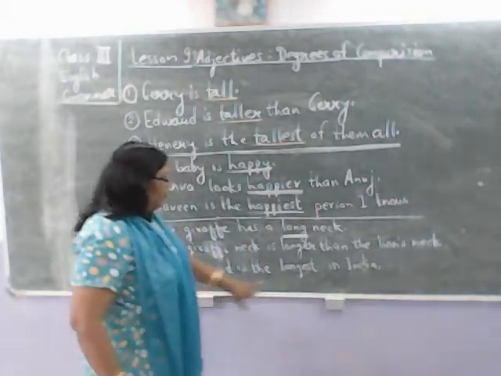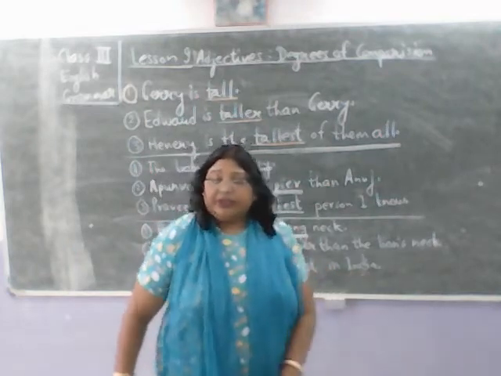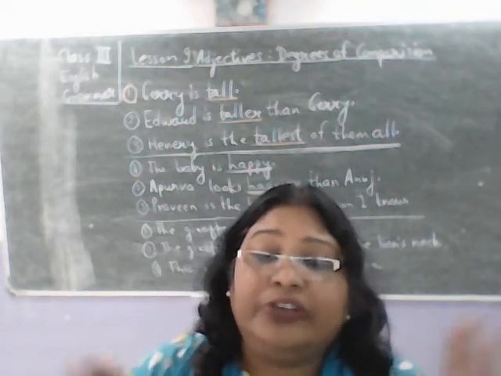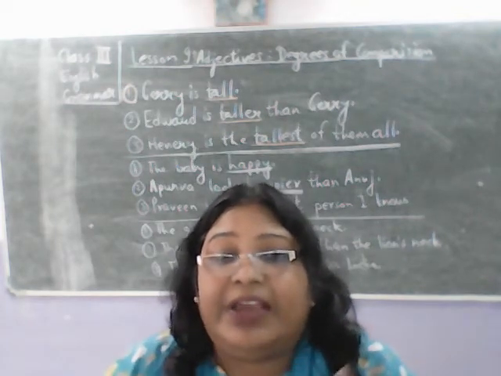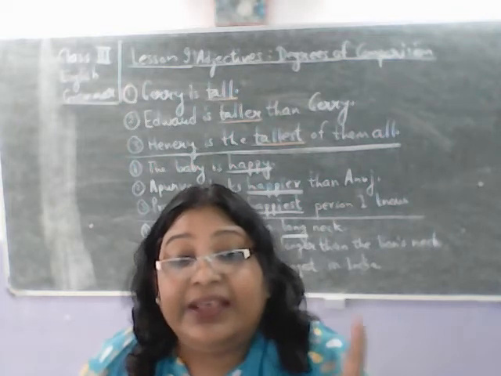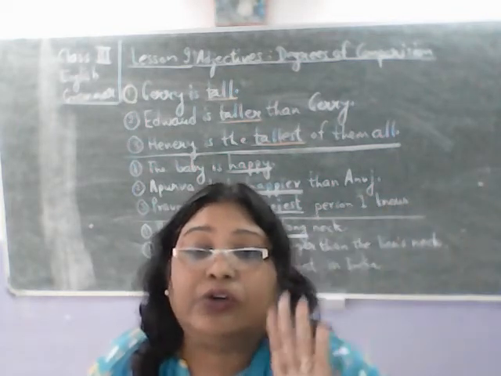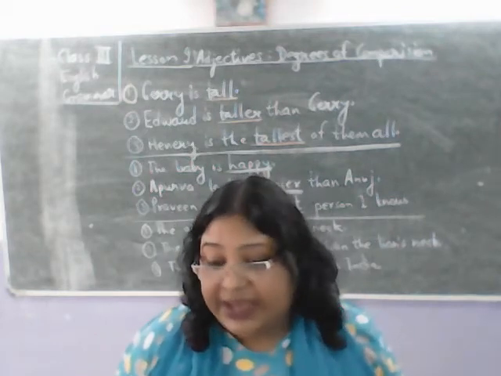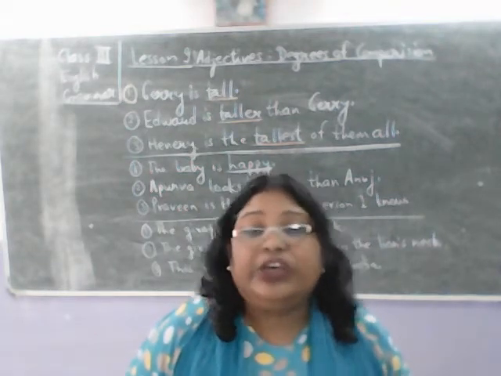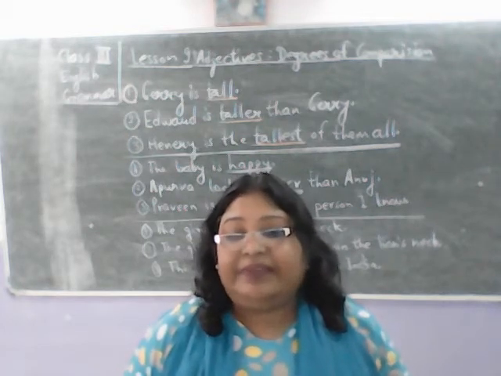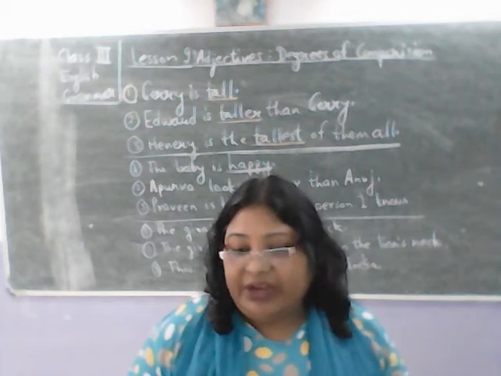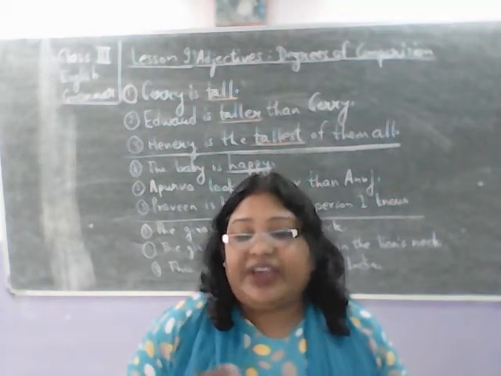Now see the example. This road is the longest in India. So we are comparing the road with all the roads of India, and we come to the conclusion that this is the longest road in India. So to compare more than two things, we add est to the adjective, and in this way we compare things. Now there are three simple rules which I am explaining now.